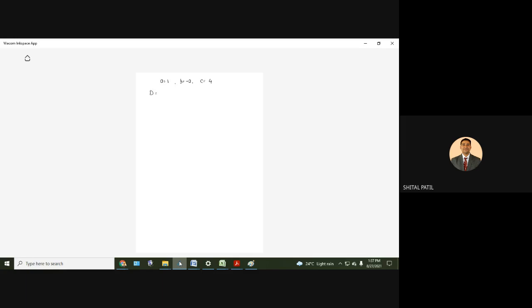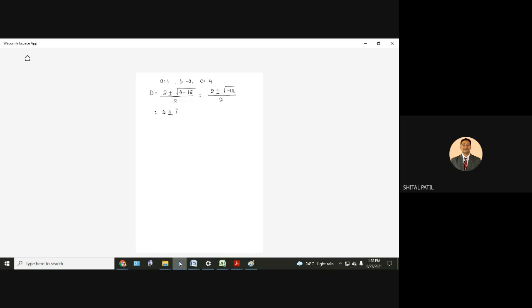So D equal to minus b plus minus root of b square minus 4ac, right? 4 into a into c, 4 into 1 into 4, so 16. 2 plus minus, now see we have the square root of minus 12. So 2 plus minus, 4 into 3, right?